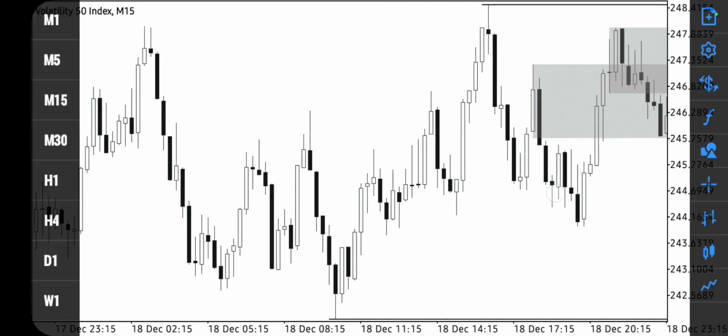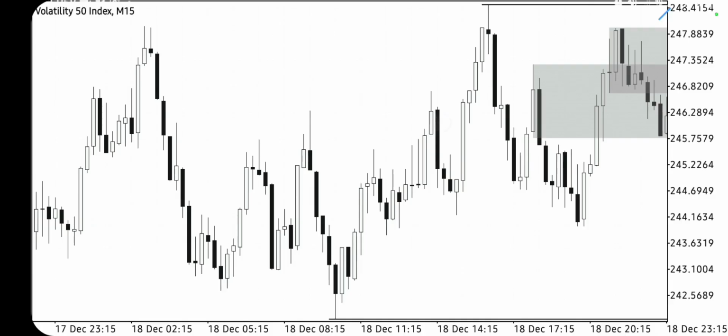So here, like I explained earlier, if you want to mark out your secondary point of interest, you get the first break of structure that confirms we are ready to go for a retracement. And this was the first break of structure that confirmed we are ready to go for a retracement.